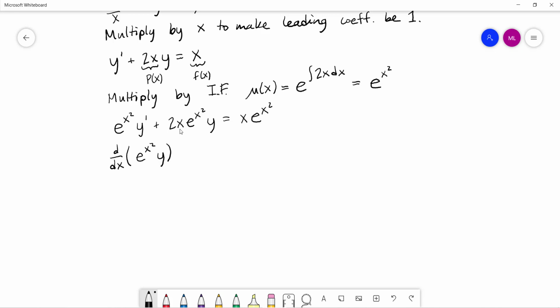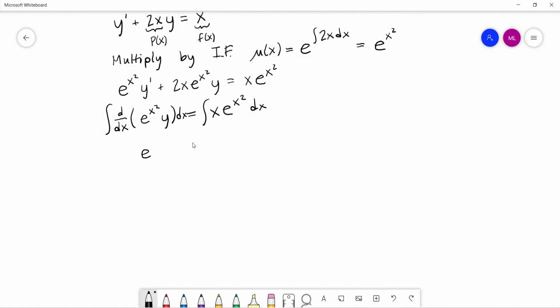So by chain rule, indeed, this is the derivative of e to the x squared. So the left-hand side is equivalent to what I've got written here, and the right-hand side is our x e to the x squared term. And we'd integrate both sides with respect to x.